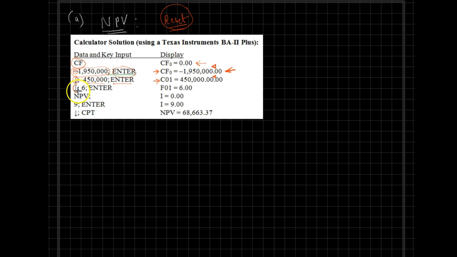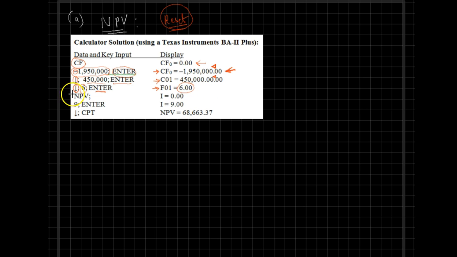But before that, what I can do is press down, and if I just say 6, the calculator will understand that for the next 6 years the project will generate $450,000 returns. So the display of your calculator will show as a result 6.